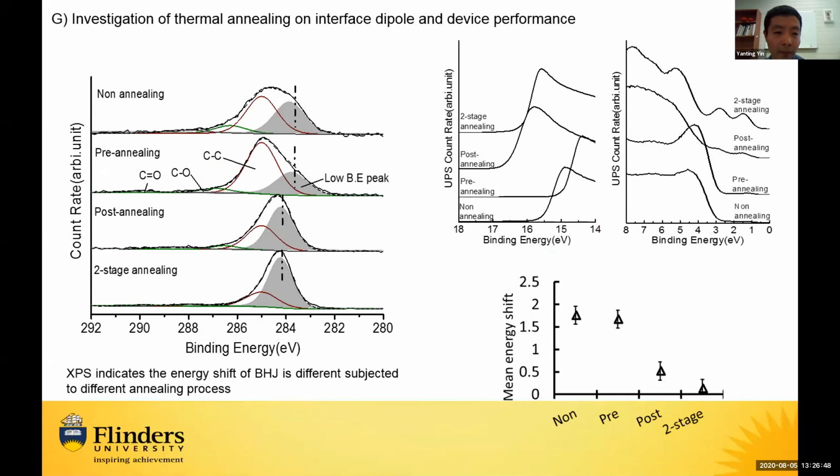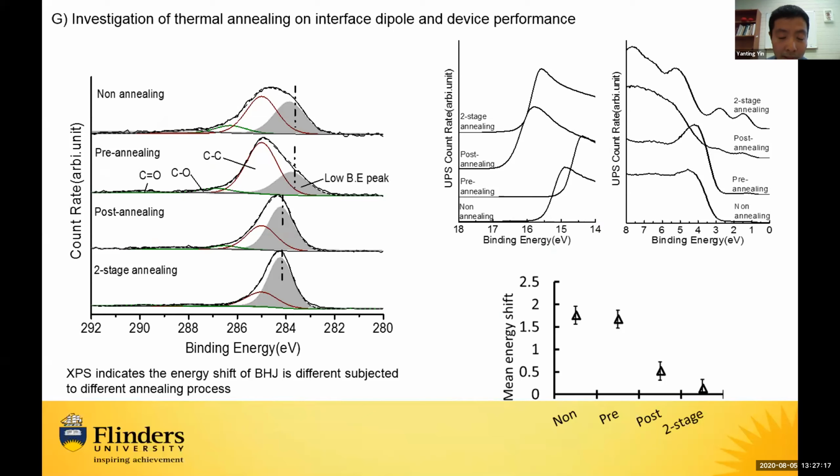Next, we're also trying to figure out what will happen in the case of the dipole and the interface structure at the interface. With the pre-annealed one, because most of the contribution is from the moly oxide, we have the shifted polymer BHG peak sitting at lower ratio, but this peak is actually sitting at even lower binding energies.